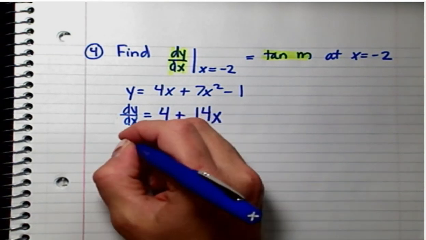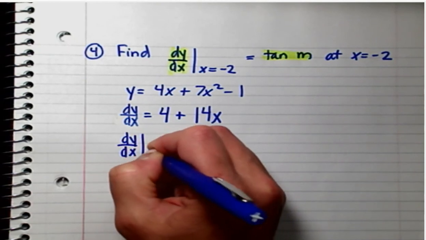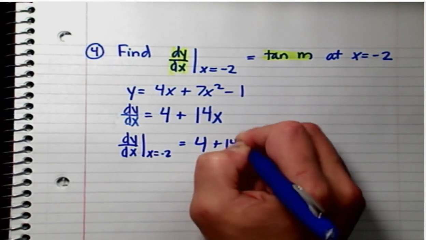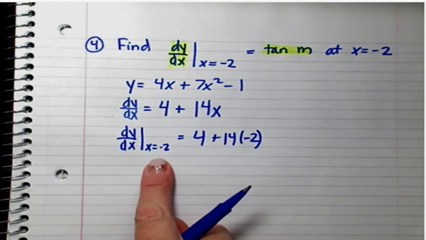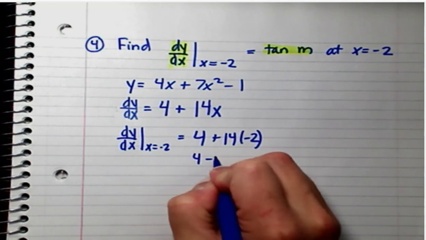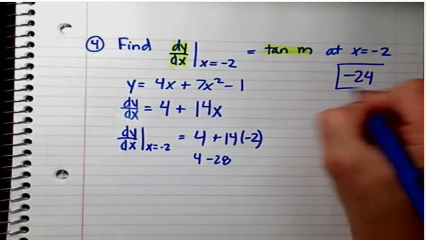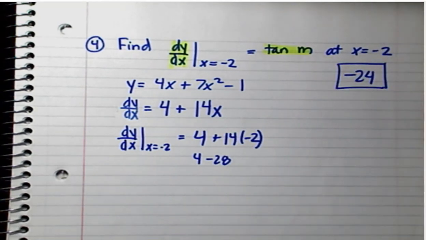All right, dy/dx, when I plug in -2, looks like this. That's what that means. It's just plug in the number. That's all that notation means. 4 minus 28. So the tangent slope is -24.